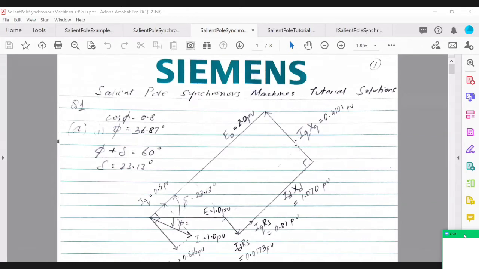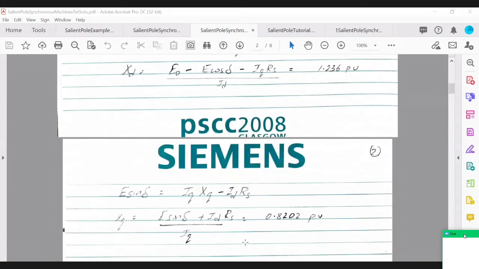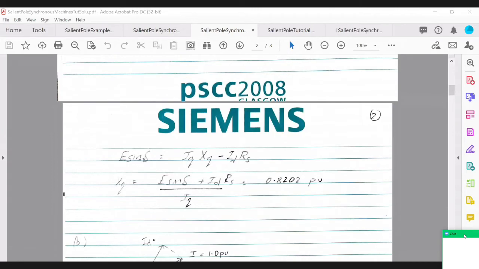For you to get this small section here, which is E sine delta, you take the full phasor, which is IQXQ, and you minus this small portion here, and that small portion is IDRS. Okay, so that's what I've written here. So E sine delta is IQXQ minus IDRS.